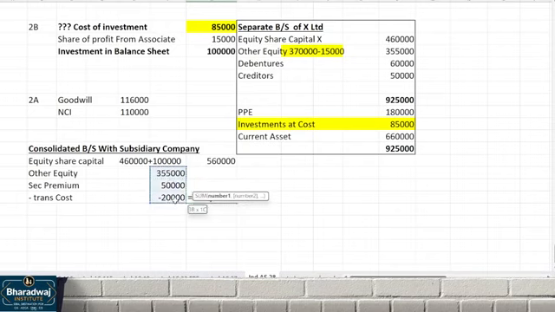Fair value change again. Is there a fair value change? And we have measured the 1,10,000. What is the fair value change recorded? 10,000.